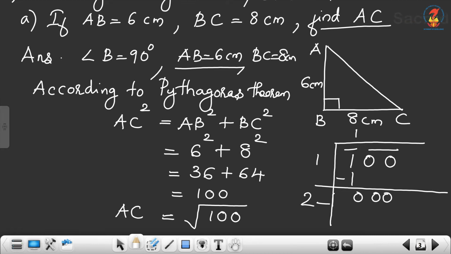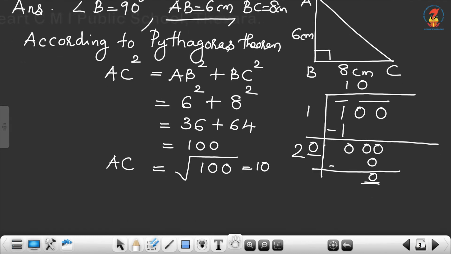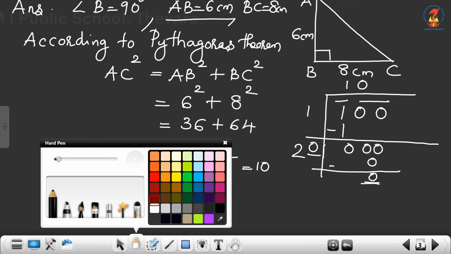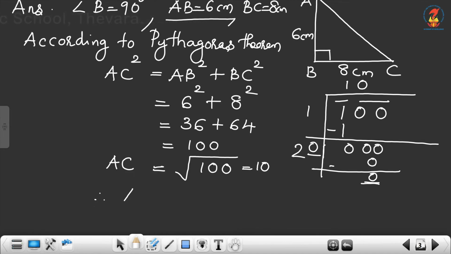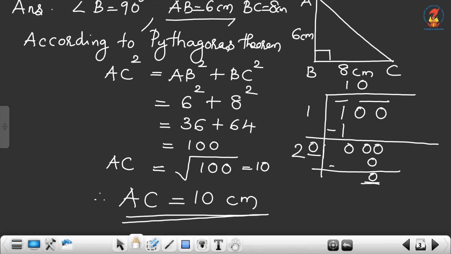Which digit do we have to consider? We have to get 0 here, so here it is 0, here also 0. 20 into 0, you will get 0. Therefore, AC equal to the square root of 100, which is equal to 10. Therefore, the value of AC is equal to 10 centimeters.